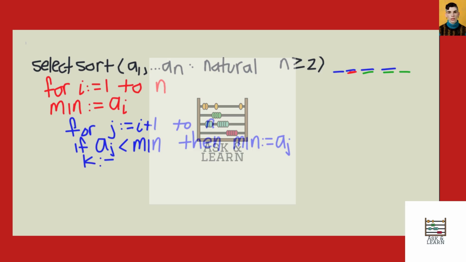So we'll set k equal to j so we can know what that index is. And so that'll go through and then find whatever is the smallest element of the set of the list that we are working with. Okay, but now that we've found that element, we need to reorder it.